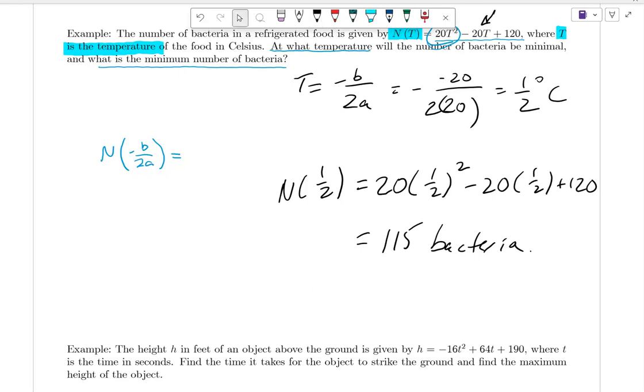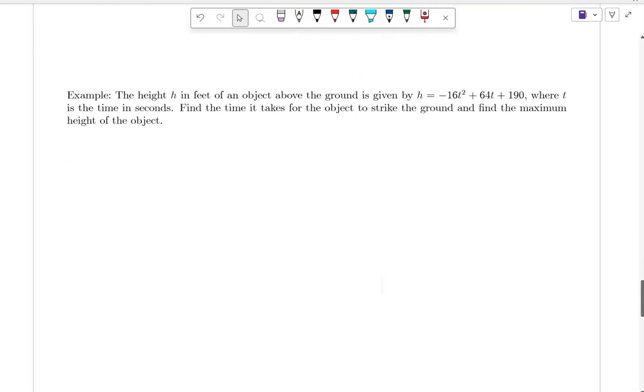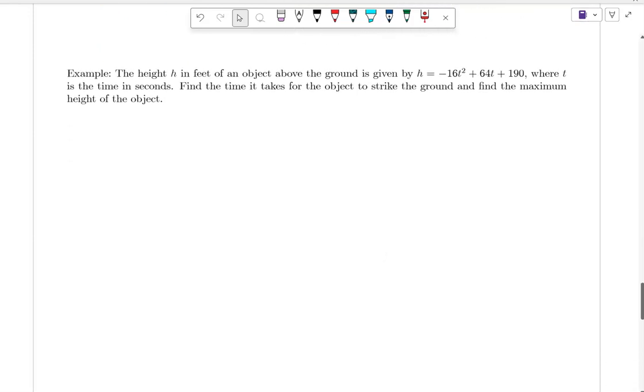So let's look at the next problem. This next problem has a slight little twist in it, in the fact that it's asking for something else that doesn't have to do with max or min. It gives you the height of an object above the ground at a certain time. It wants to know what time the object hits the ground, and then to find the maximum height of the object.